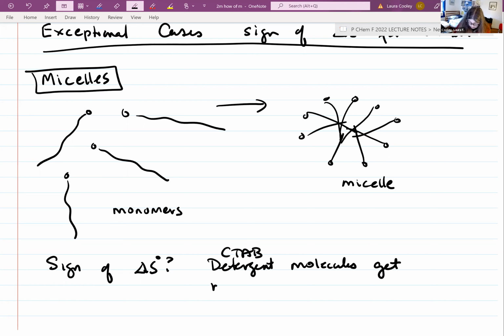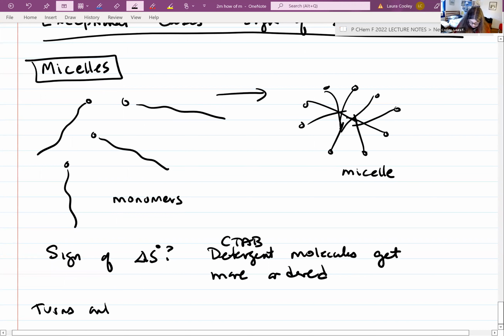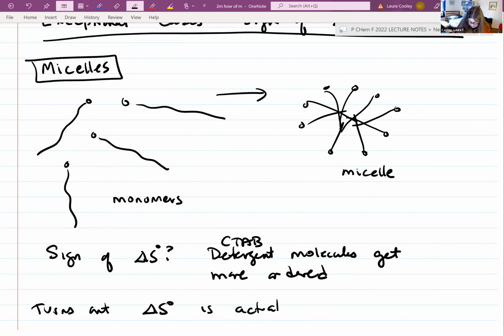So if the detergent molecules are getting more ordered, you would expect that delta S would be negative.